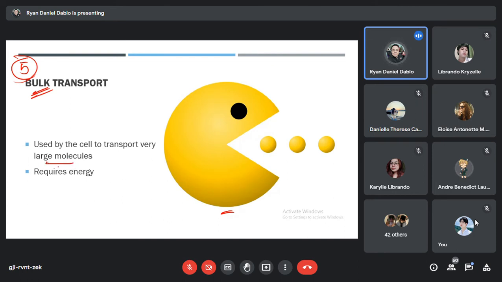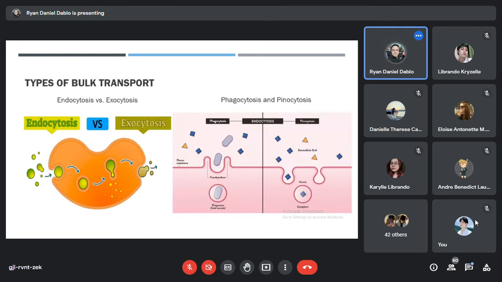Now, because of the way that's structured, they also need energy to accomplish this, right? Now, when we looked at vesicles before, we're actually referring to a form of transport that is part of bulk transport, right? So let's say the cell wants to get these large molecules inside.